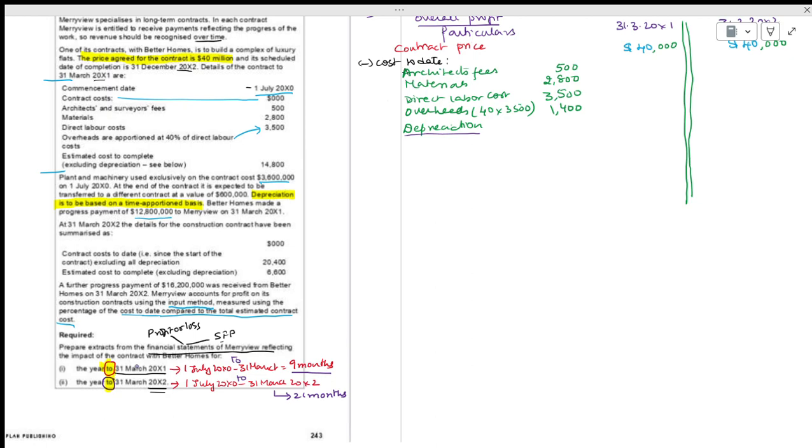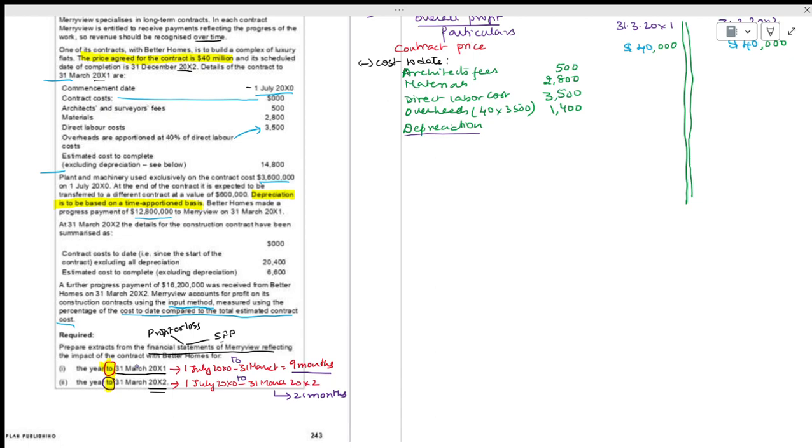How much is the depreciation? What is the value of the asset?